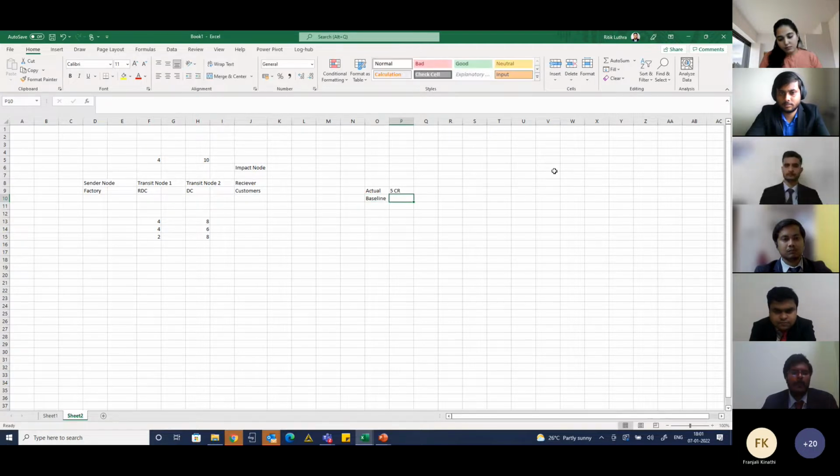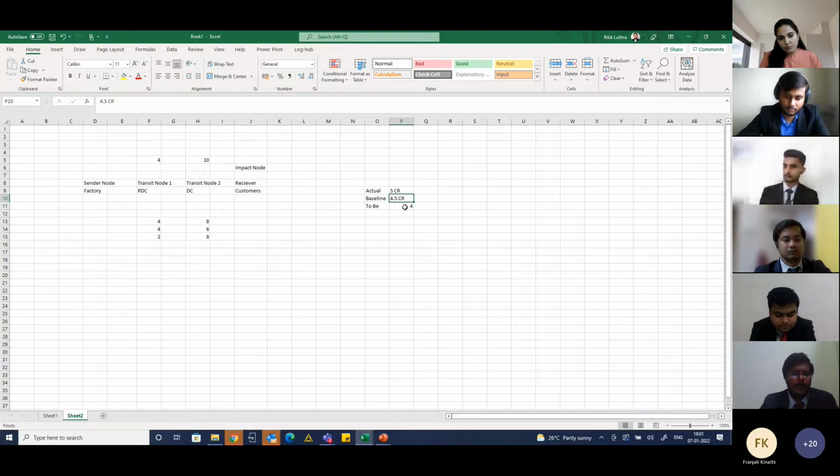Let's say your baseline becomes 4.5 CR. And when you simulated your to-be scenario, your to-be scenario cost would become 4 CR. Now this 4 CR would be compared to this 4.5 CR to identify what kind of cost saving you are expecting. Let's say it is 11%.